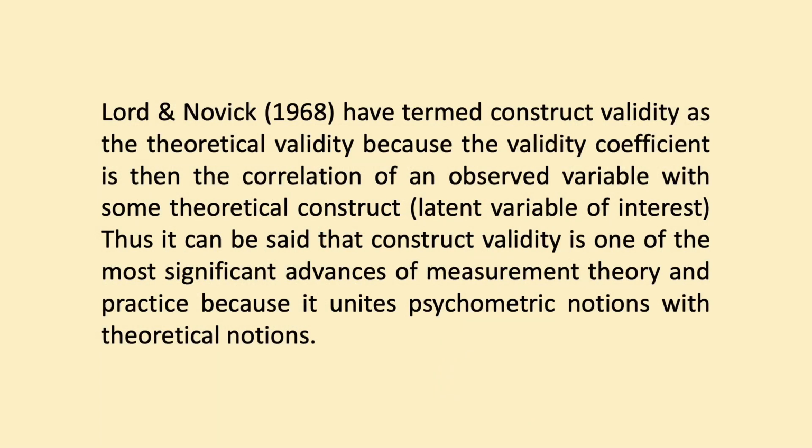Lord and Novick, 1968, have termed construct validity as theoretical validity. Theoretical validity because the validity coefficient is then the correlation of an observed variable with some theoretical construct, that is, a latent variable of interest. Thus, it can be said that construct validity is one of the most significant advances of measurement theory and practice because it unites the psychometric notion with the theoretical notion.